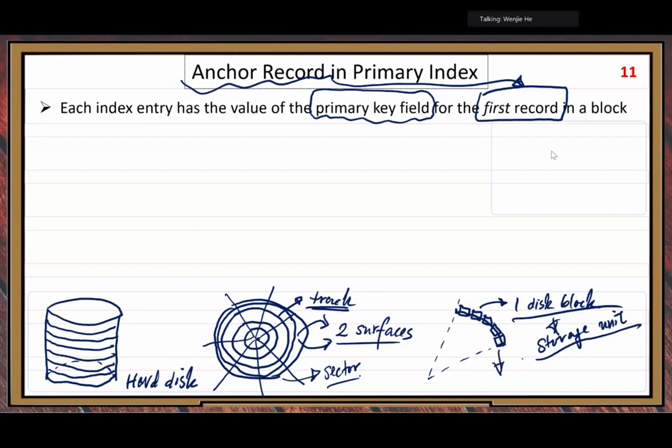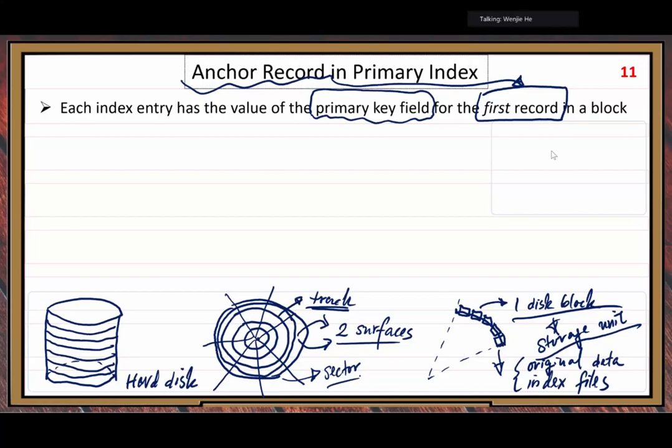The data in these two forms: original data, the data in the original table, and index files. Index files, we store them in these disk blocks. So with that picture, now we can discuss one-to-one correspondence.